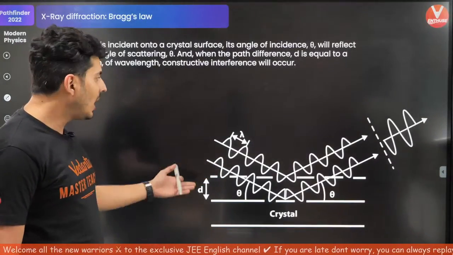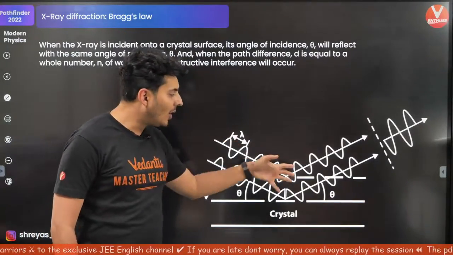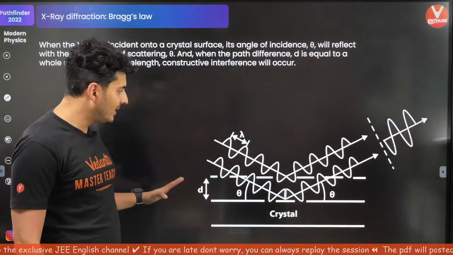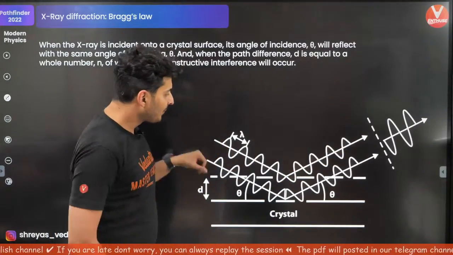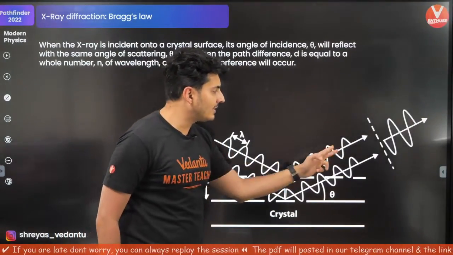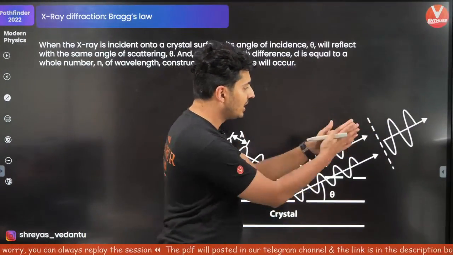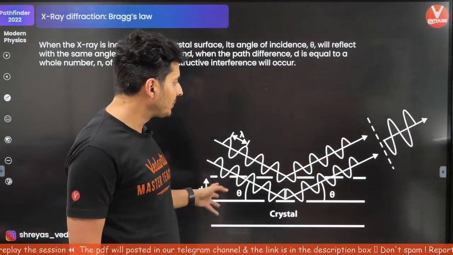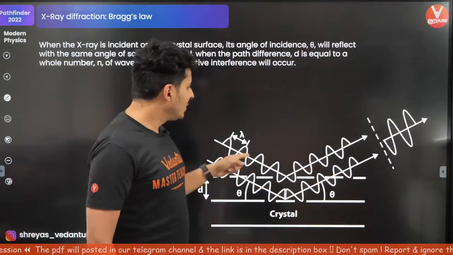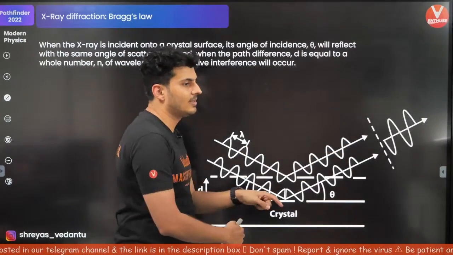So you have this diagram which shows you X-rays falling on a solid surface, and you will see the light will spread, and two such rays are shown over here which eventually merge using some lens or when observed under a microscope, and they will interfere. You will see these two X-rays will travel different distances.